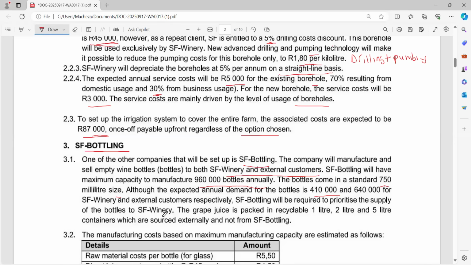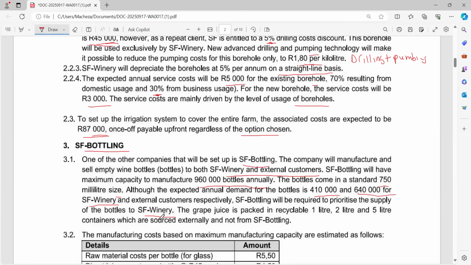So you can see if there is a shortfall, SF Bottling will prioritize internal supply, which means there is going to be a lost contribution here whenever there is a shortfall.